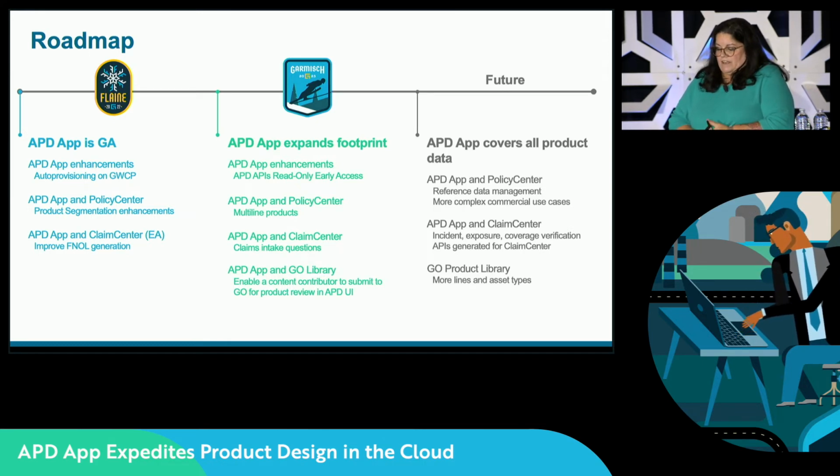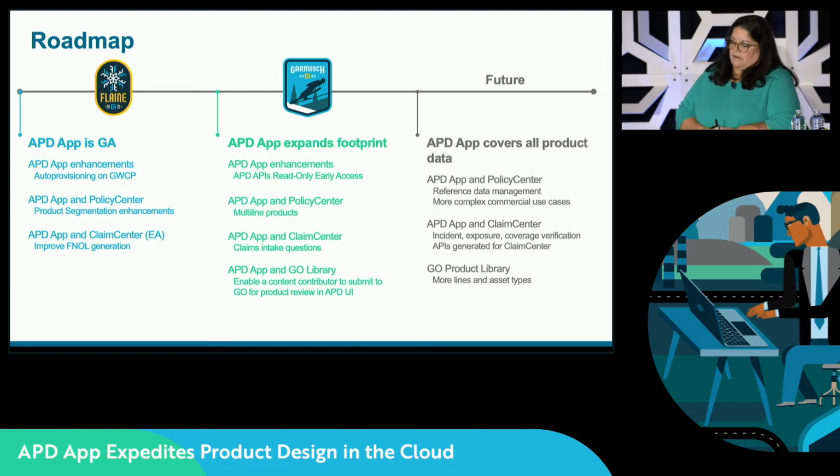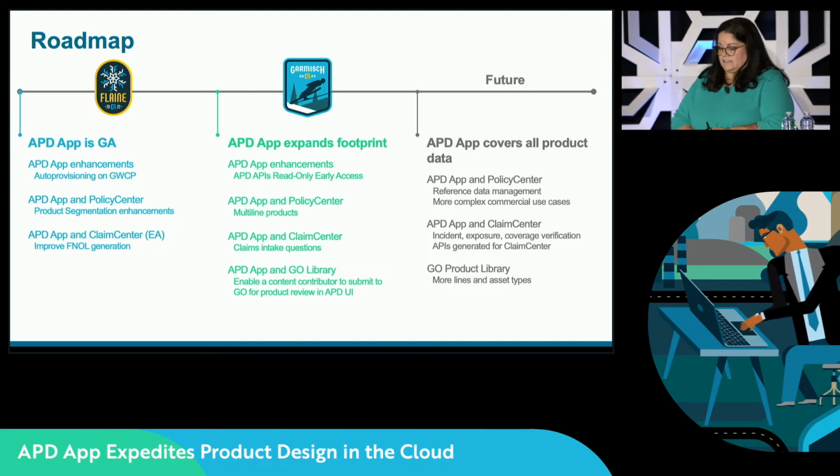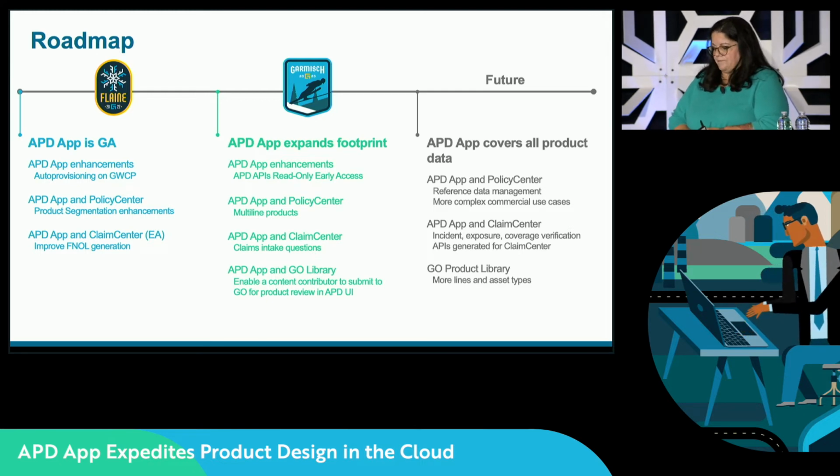And for the APD app in Claim Center, we're starting an early access program to improve FNOL generation, general damage screens, and policy intake for unverified policies. In Garmisch, we're going to make big progress on allowing you to access the APD APIs read-only as an early access program.